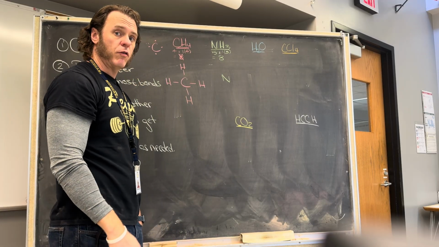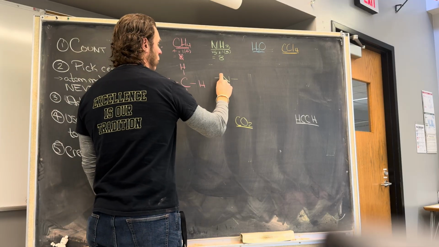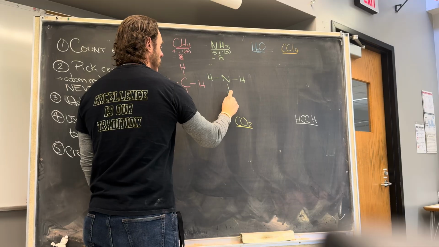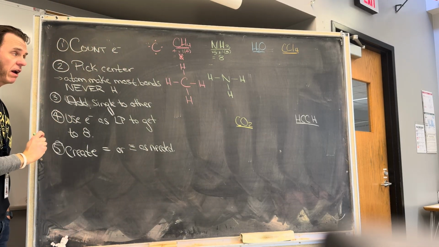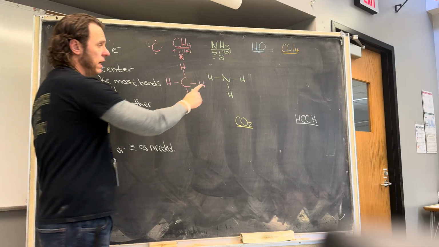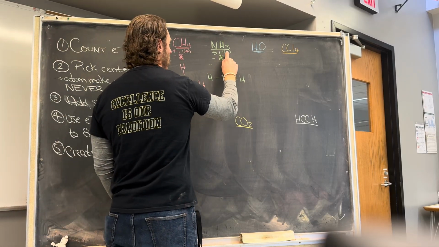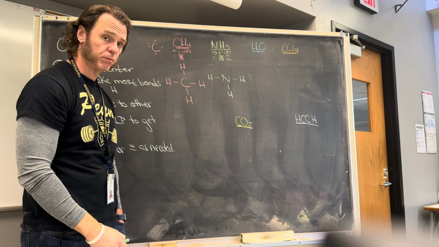All right, now if we look at nitrogen, I'll go through our situation first. I have made 3 bonds, just like what I did in step 3 right here. Each single bond is worth 2 electrons. I have 2 electrons left that I've got to figure out a place for.